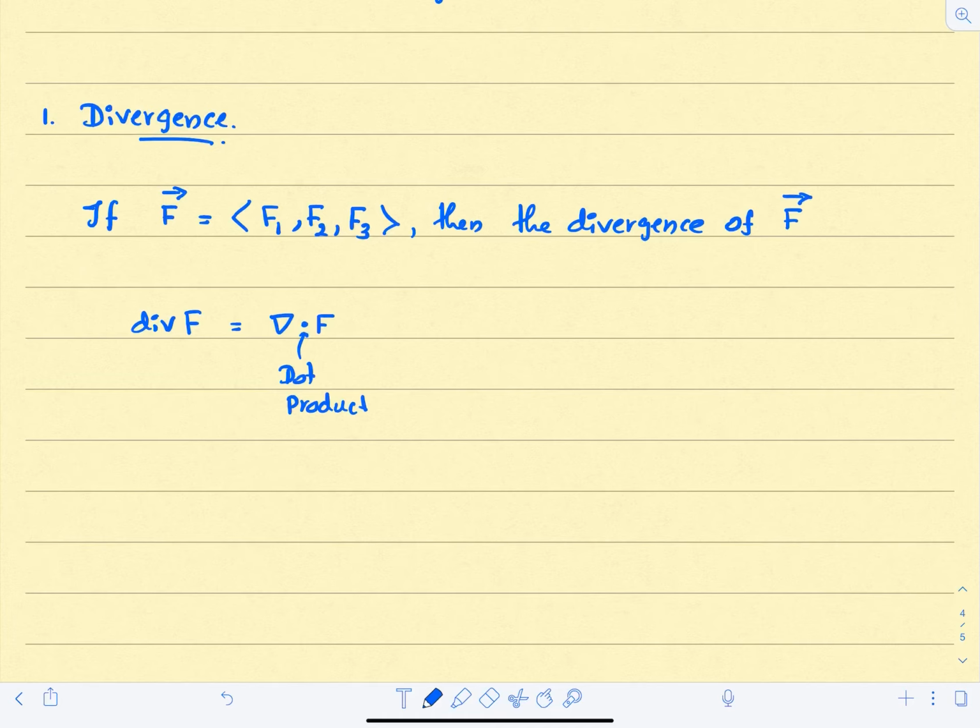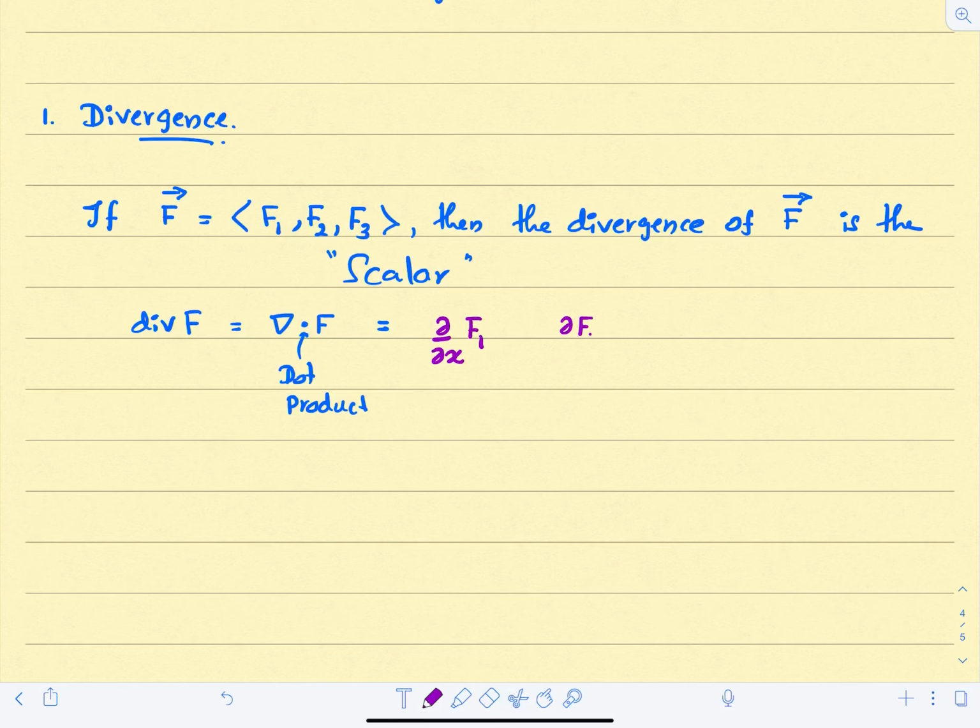If f equals this, then the divergence of f is the scalar given by the following equation. So we take the first component of the vector field and differentiate with respect to the x variable.